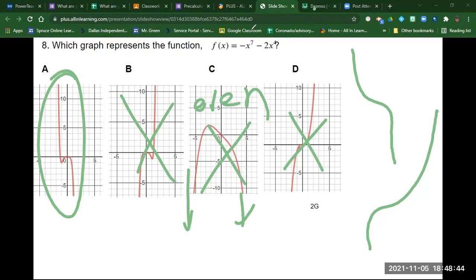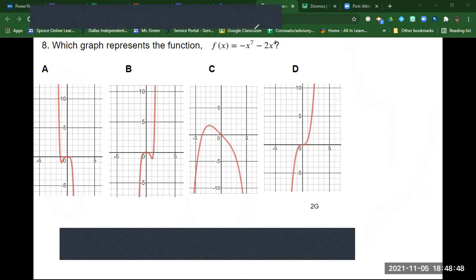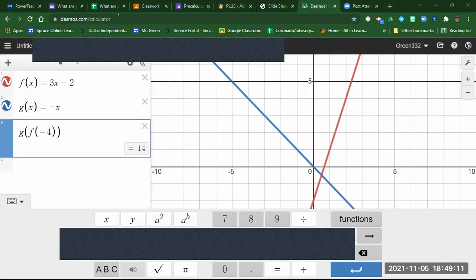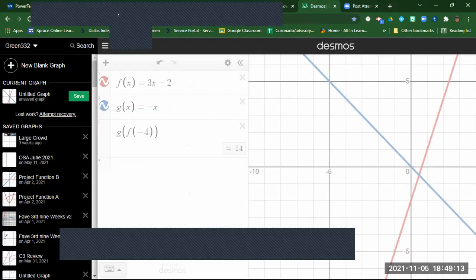Let's go to Desmos and graph the function there. Negative x to the 7th, I want to make sure, minus 2x to the 4th.